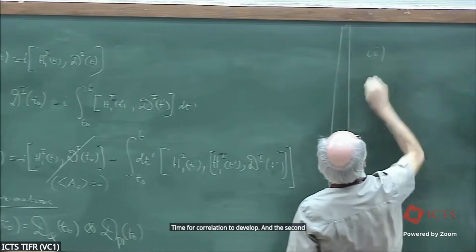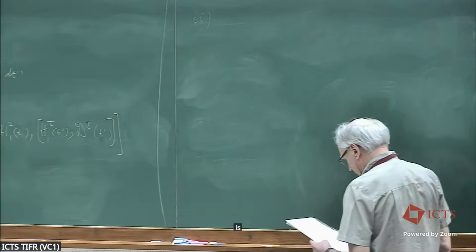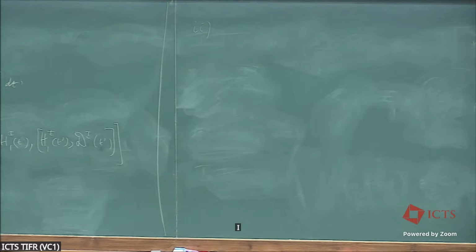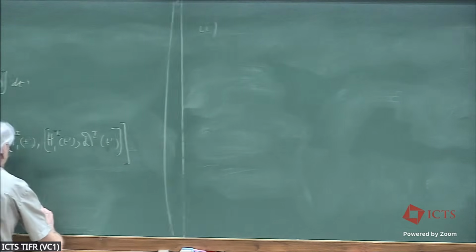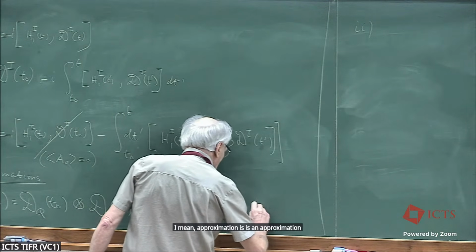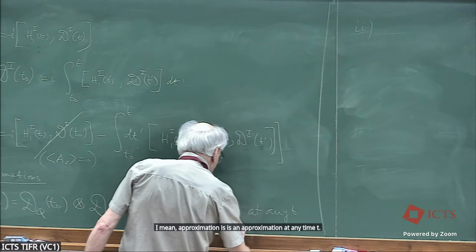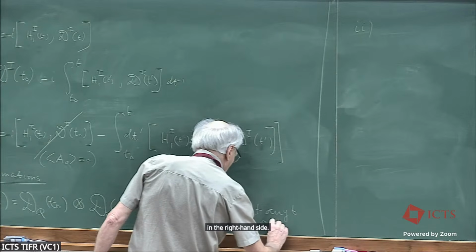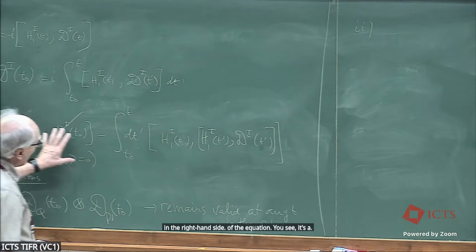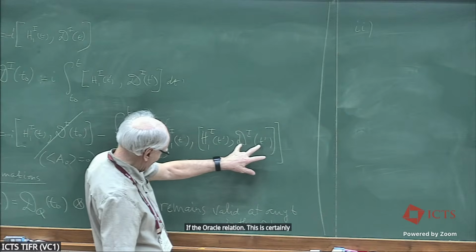And the second approximation is that I am going to assume that this first approximation remains valid at any time t in the right-hand side of the equation. If there are correlations, this is certainly not true that this factorizes.